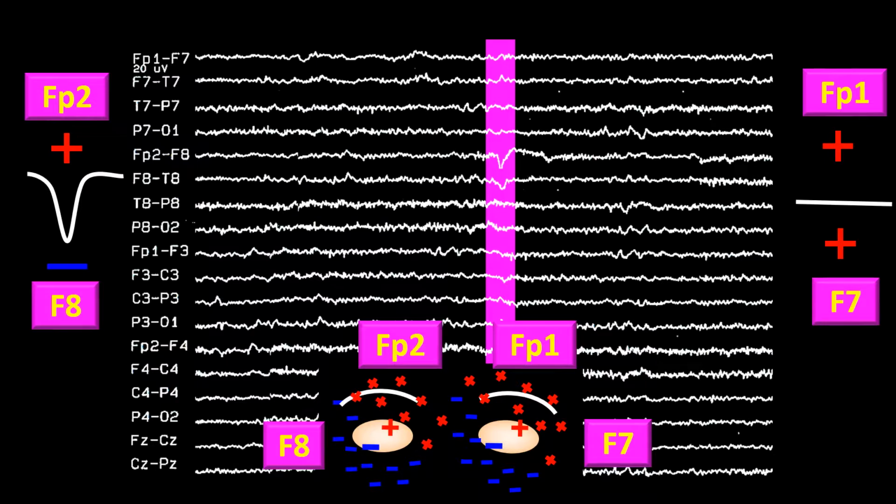In this epoch, you can see the fields represented on each side. The positivity of the cornea can be seen up and to the left.